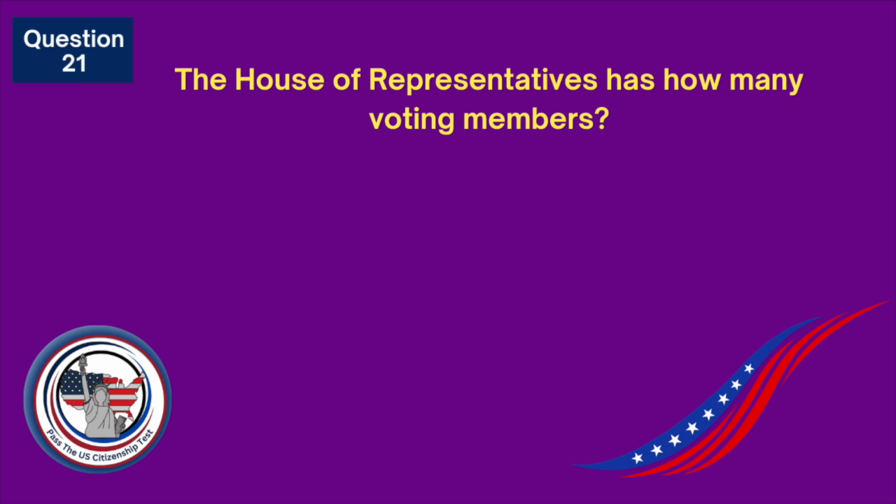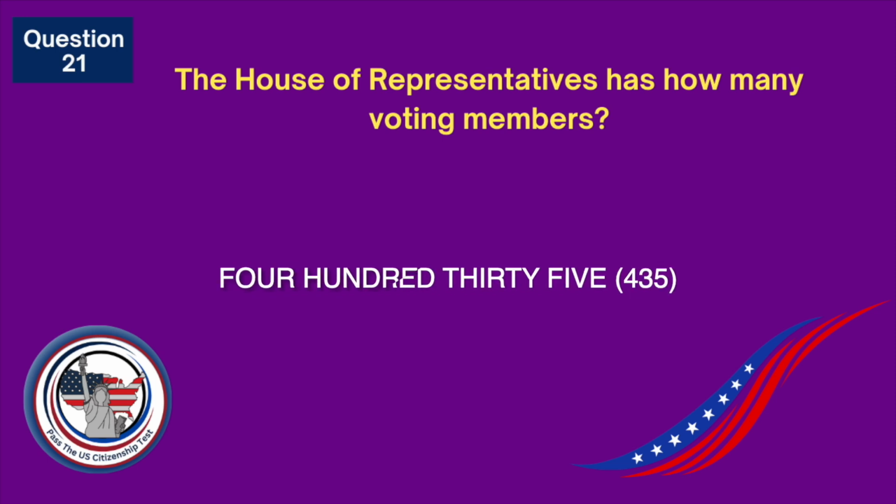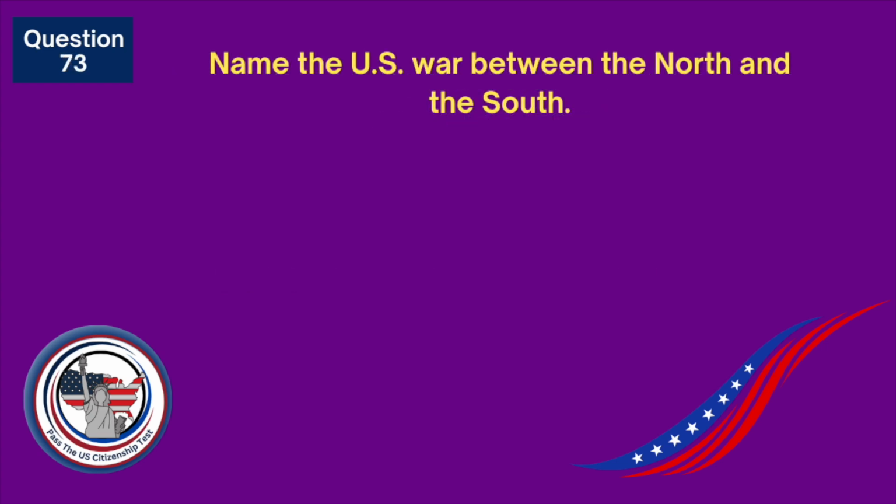The House of Representatives has how many voting members? 435. Name the U.S. war between the North and the South. The Civil War.